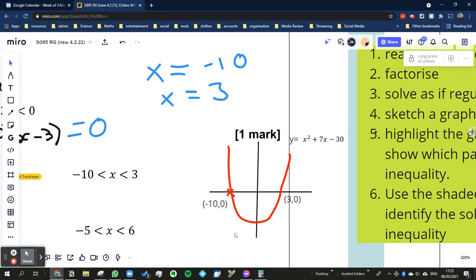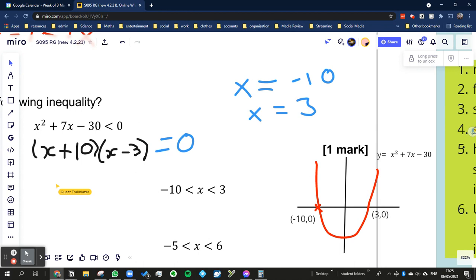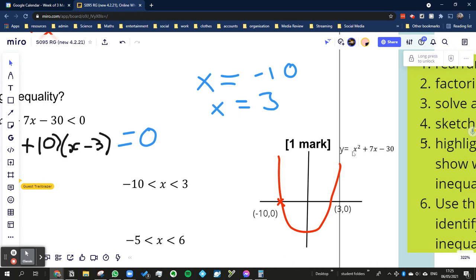So now the equation is saying that all of this is less than 0. Remember the red line is showing y is equal to x squared plus 7x minus 30. Let's separate this graph into 3 areas.